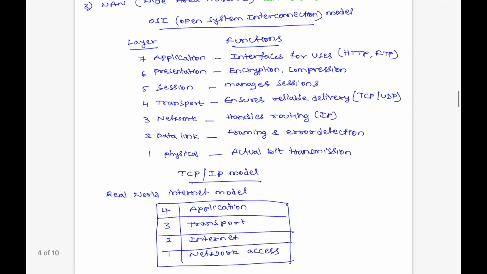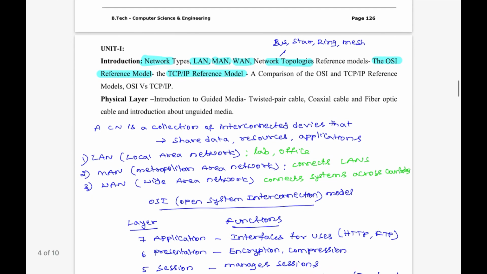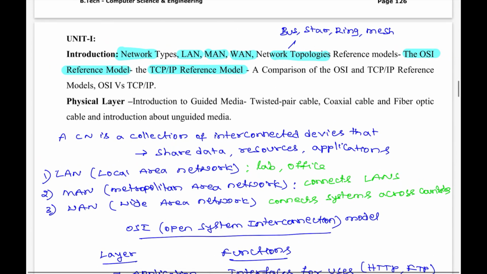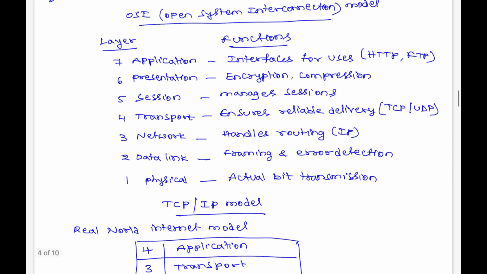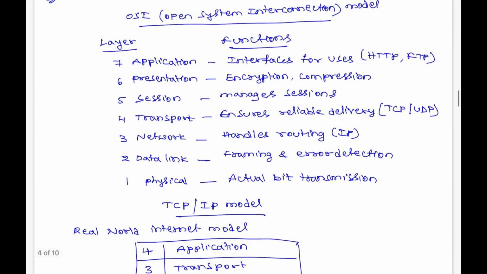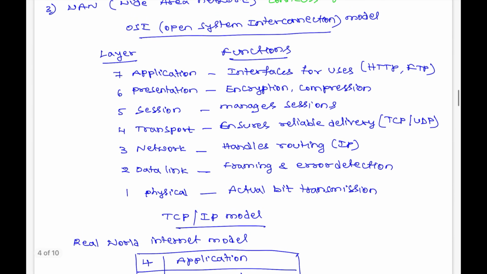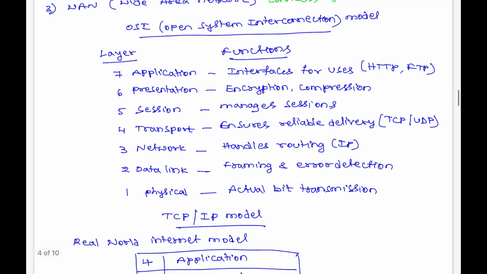And we're going to study the physical layer. In unit 1, we will try to understand the physical layer. The physical layer is the first layer in the OSI model. It deals with actual signal transmission.